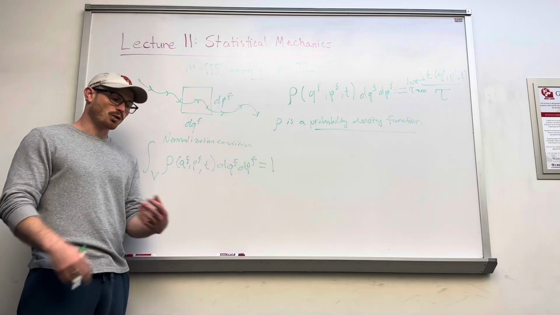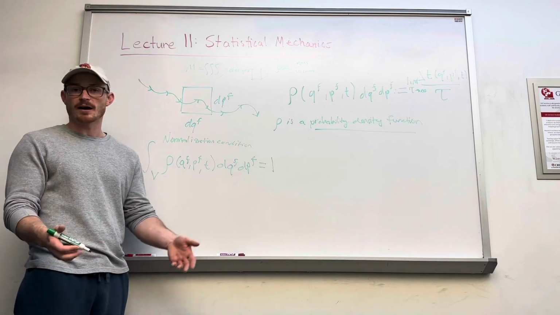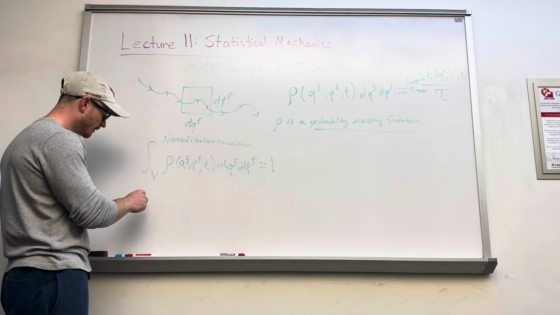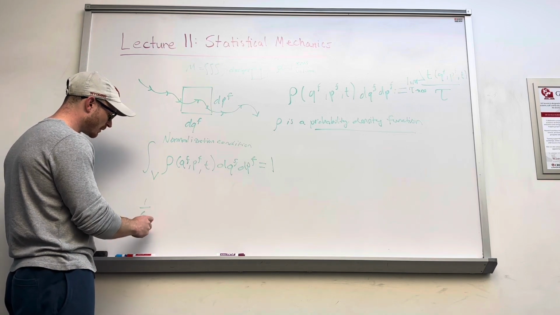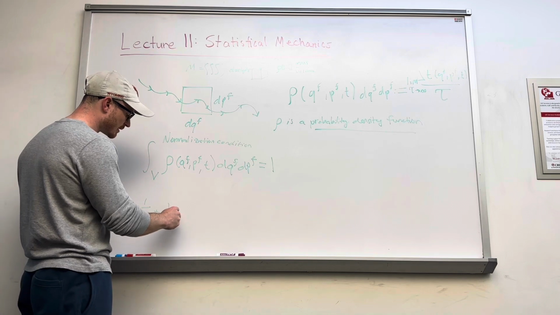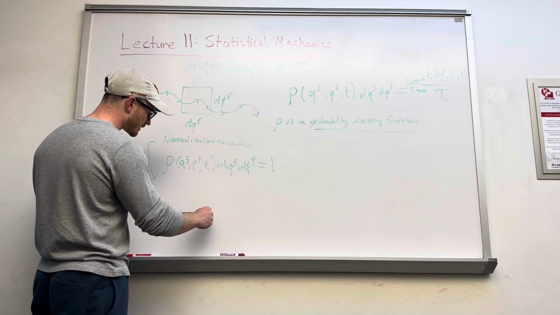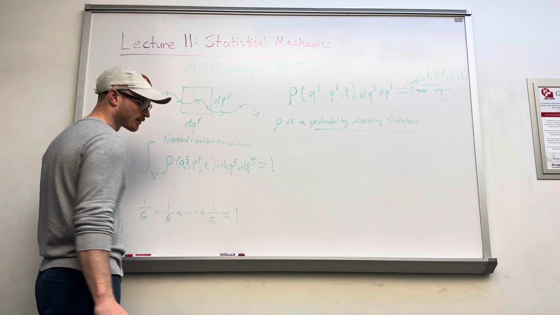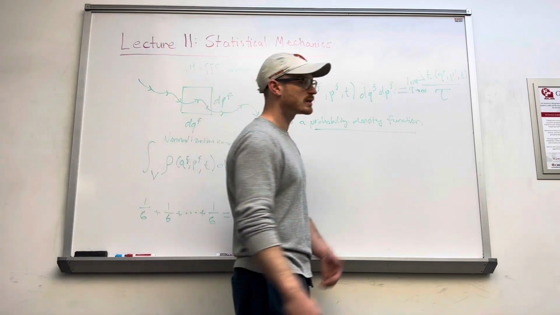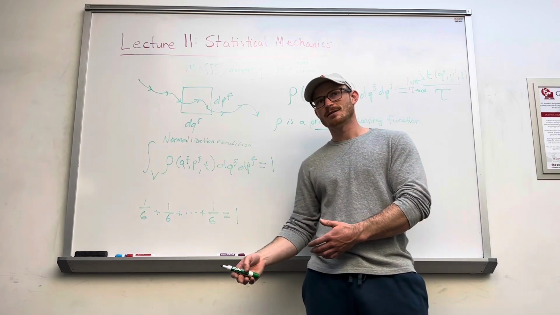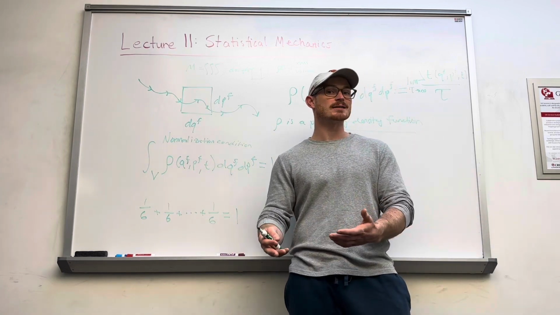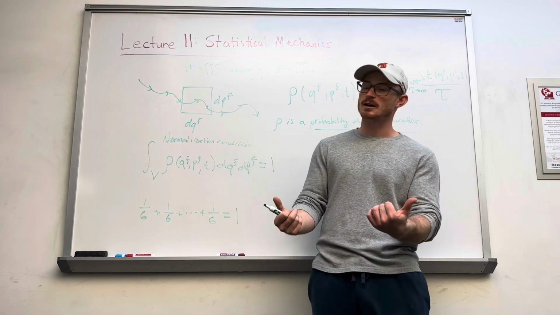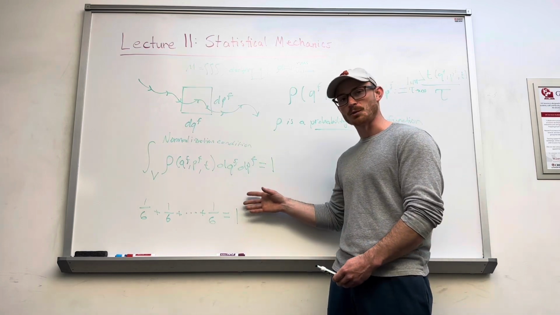When you roll a fair 6-sided die, there's a 1/6 probability of rolling each side. Side 1 would be 1/6, side 2 would be 1/6, and we'd add those up over 6 sides and end up with just 1. Or you flip a fair coin, which has a 50-50 chance of heads or tails. The probability of one side is 0.5, the probability of the other side is 0.5. They always add up to 1.